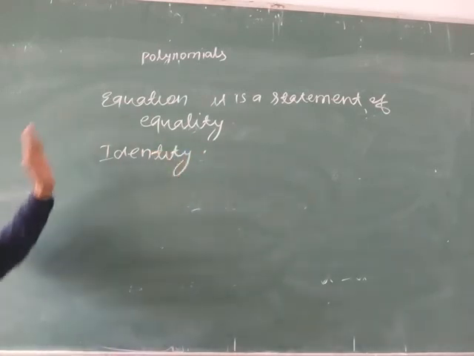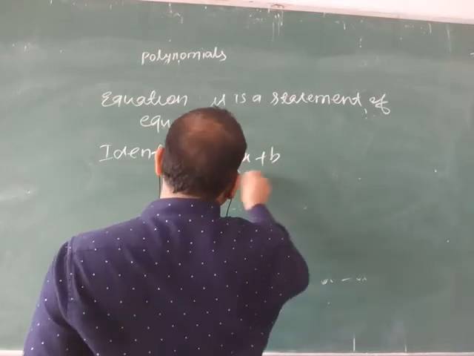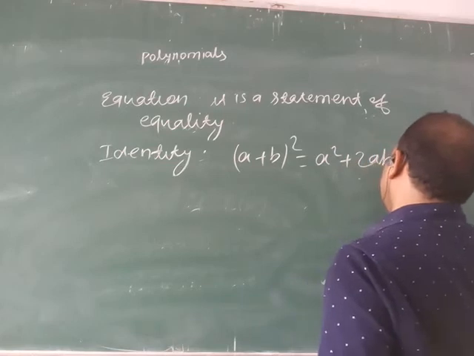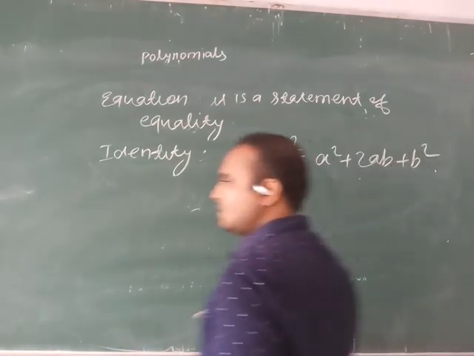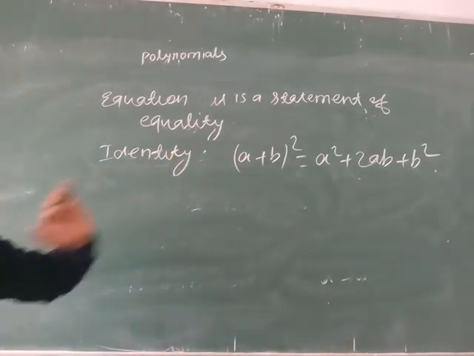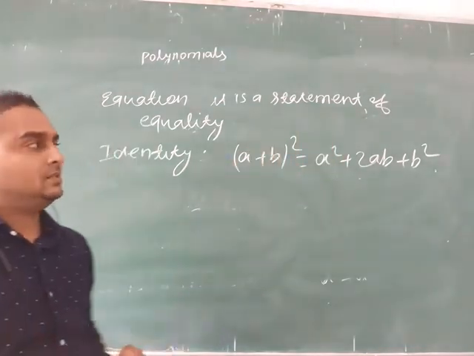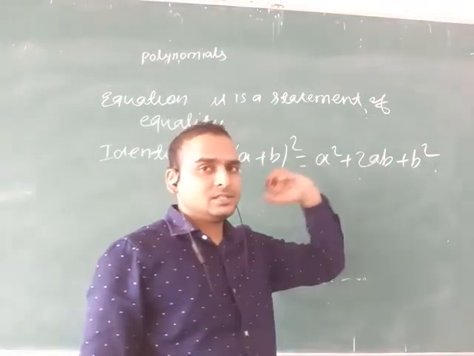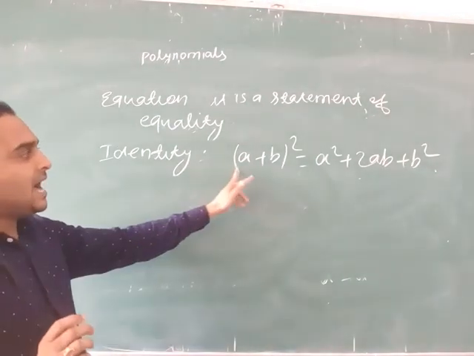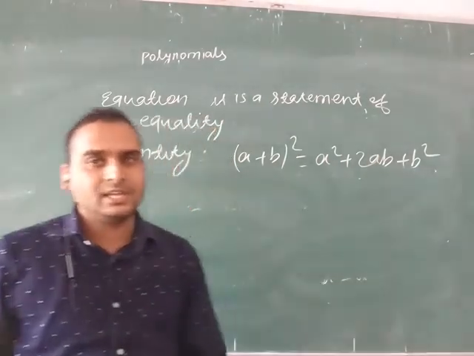What is the difference between these two? Identity means, for example, (a plus b) whole square equal to a square plus 2ab plus b square. This is a formula that we know. This is called identity. This is also an equation because there is LHS and RHS. But the difference is that identity is true for all values of the variable.